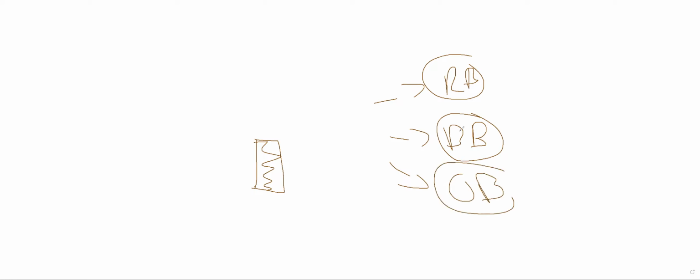Order blocks, breaker blocks, rejection blocks, they're just order blocks. These are just sub names, to help you identify them on the charts. But that's what an order block is.